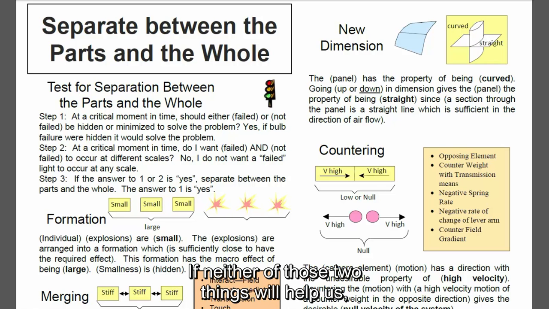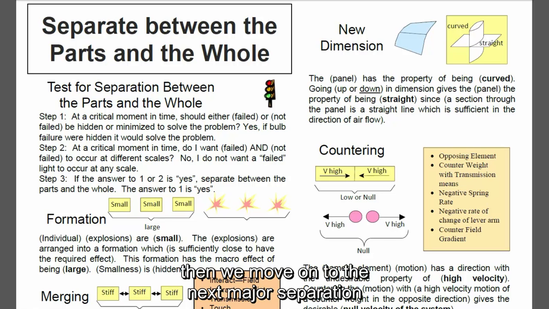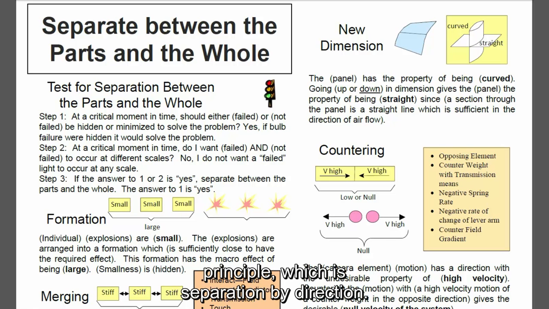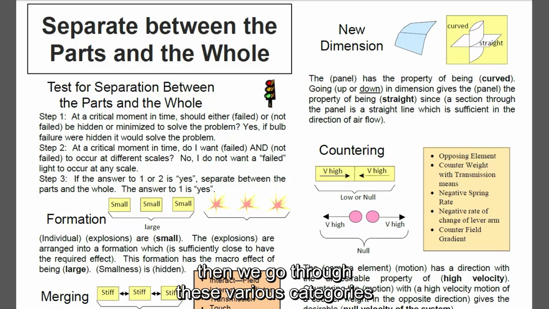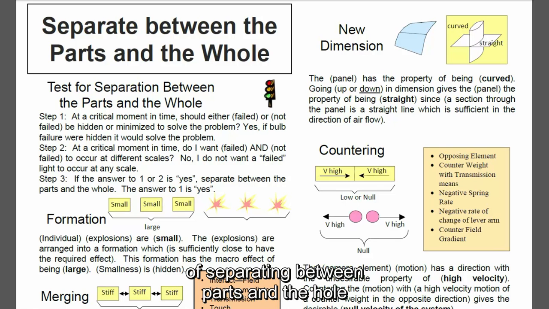If neither of those two things will help us, then we move on to the next major separation principle, which is separation by direction. But if either or both of those things would help us, then we go through these various categories of separating between parts and the whole in search of a solution.